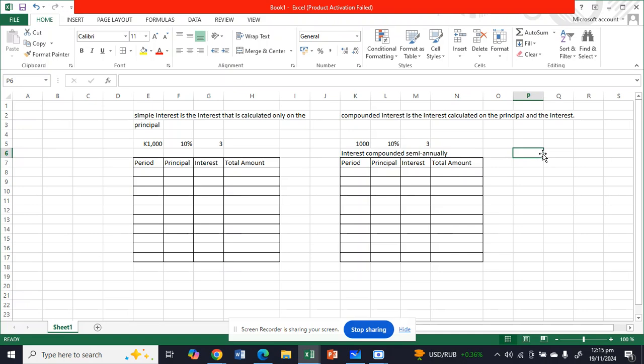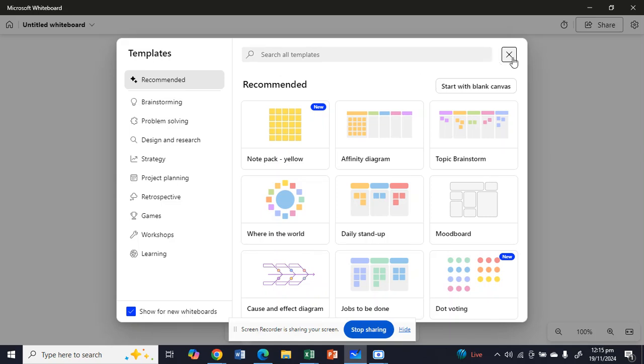So first things first, with simple interest, let's find out how much we are going to have after 3 years. And also when the interest is compounded, how much are we going to have after 3 years? So let's start with simple interest.